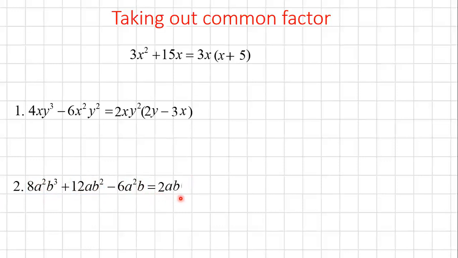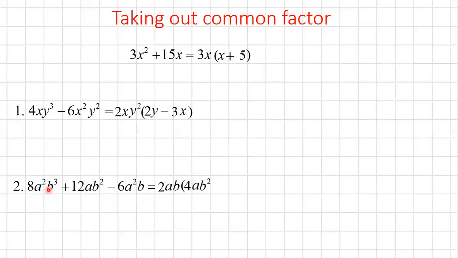Well, open the brackets. Now divide each of these three terms by the greatest common factor 2ab. 8 and 2 will cancel, it's 4. A squared and a, it's a. B cubed by b, it's b squared.